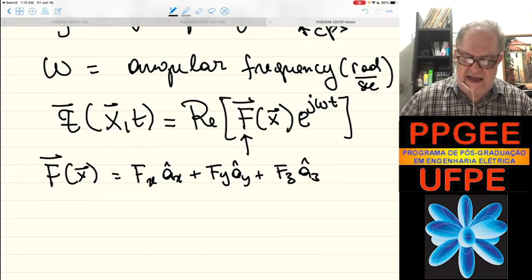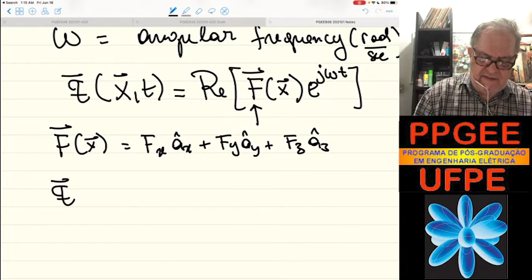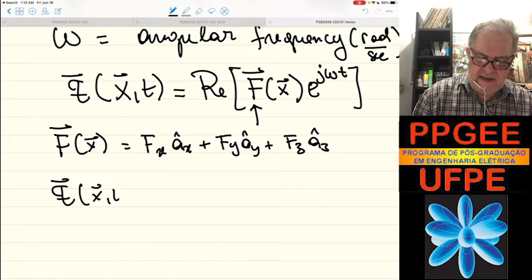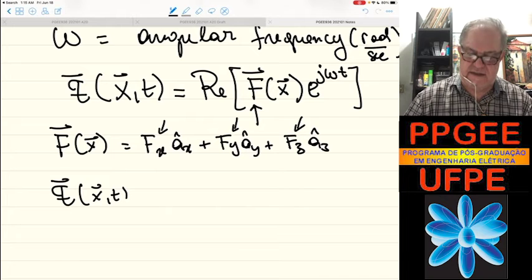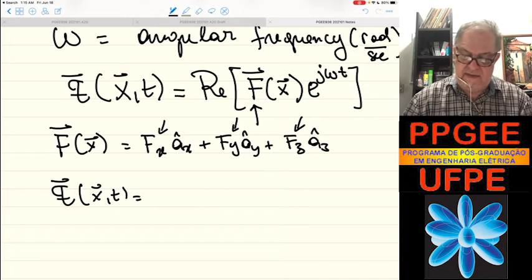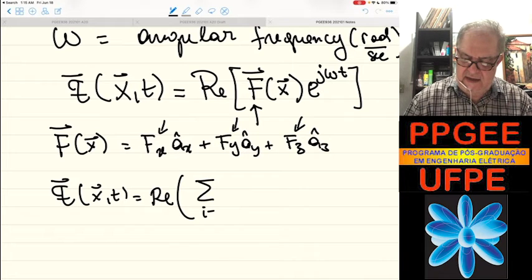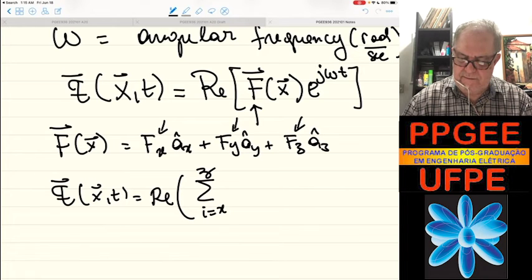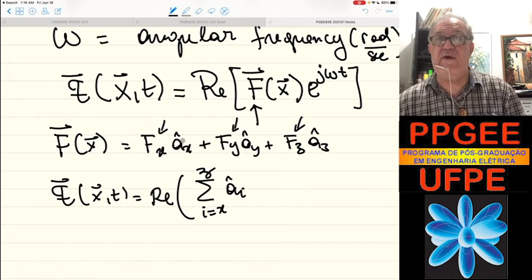So what is F of t? Just calculate here. F of x, t. These are all functions of the space coordinates. So it's going to be the real part of, I'm going to make it like this to make it simple, the sum, i equals x to z, of ai. Well, in this case, the ai's are real numbers.